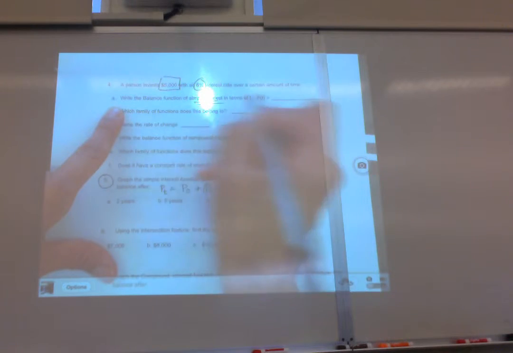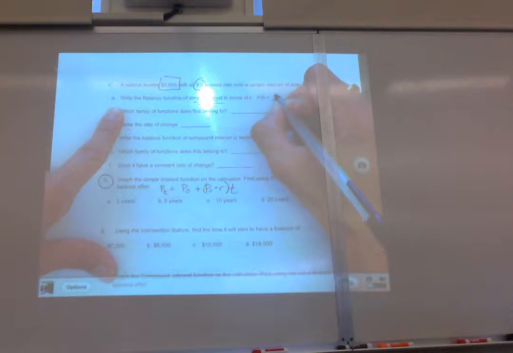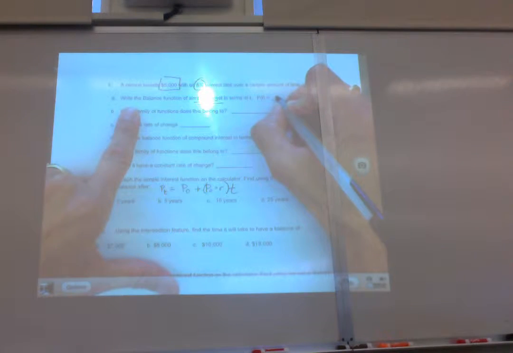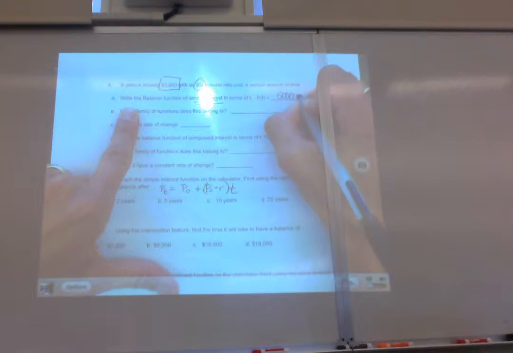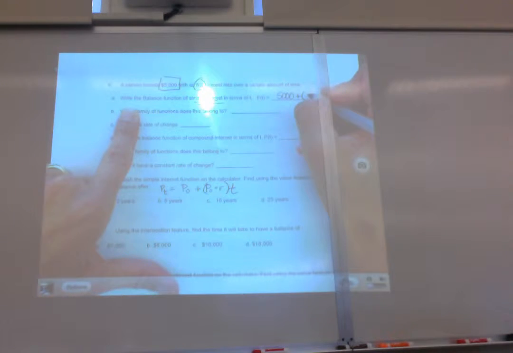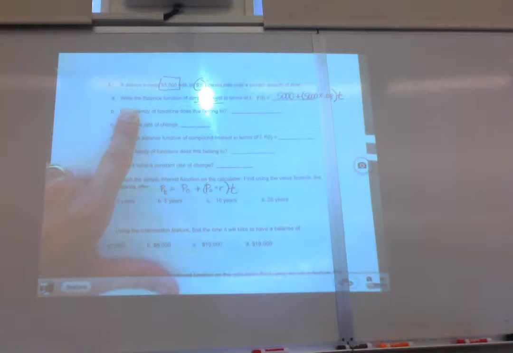Simple interest, P of T equals, using this information, 5,000 plus 5,000 times 0.08 T.